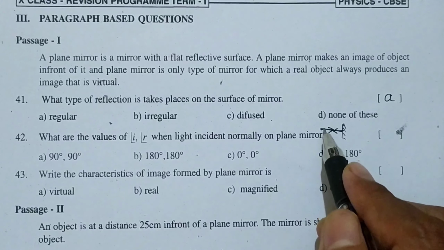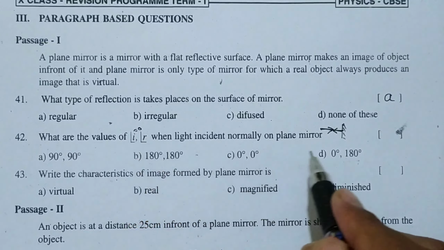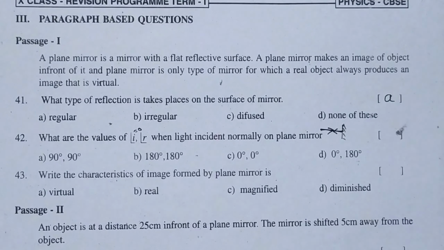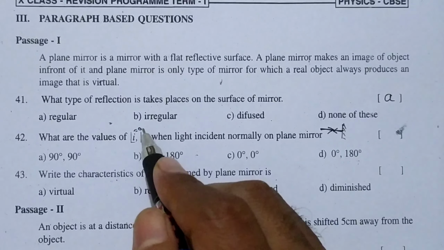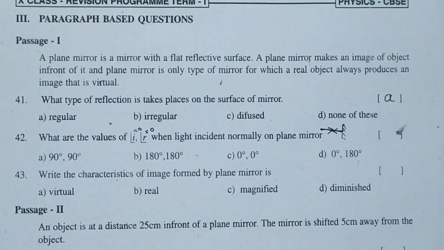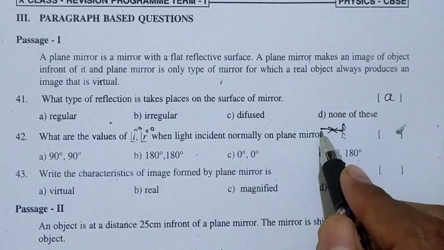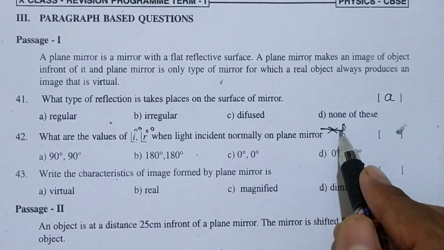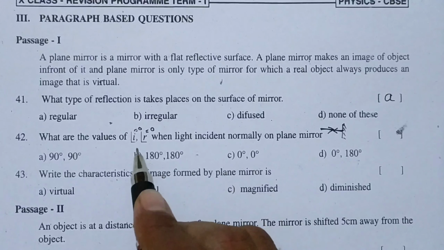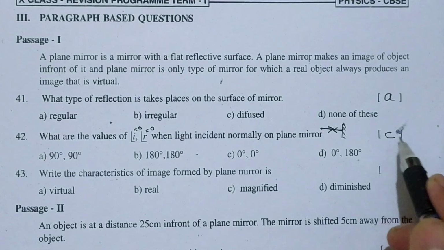Since both coincide with each other, angle I is 0. There is no angle. As we know, according to the laws of reflection, angle I and angle R are equal. So angle R will also be 0, because the angle of reflection is nothing but the angle between the normal and the reflected ray. Here, as they also coincide, there is no angle. So in this case, angle I and angle R are both 0. So option C is the right answer.